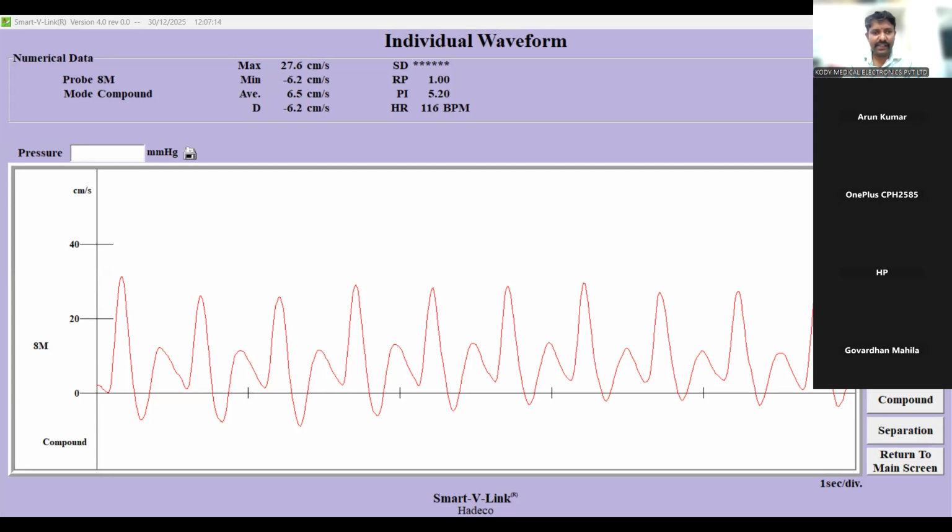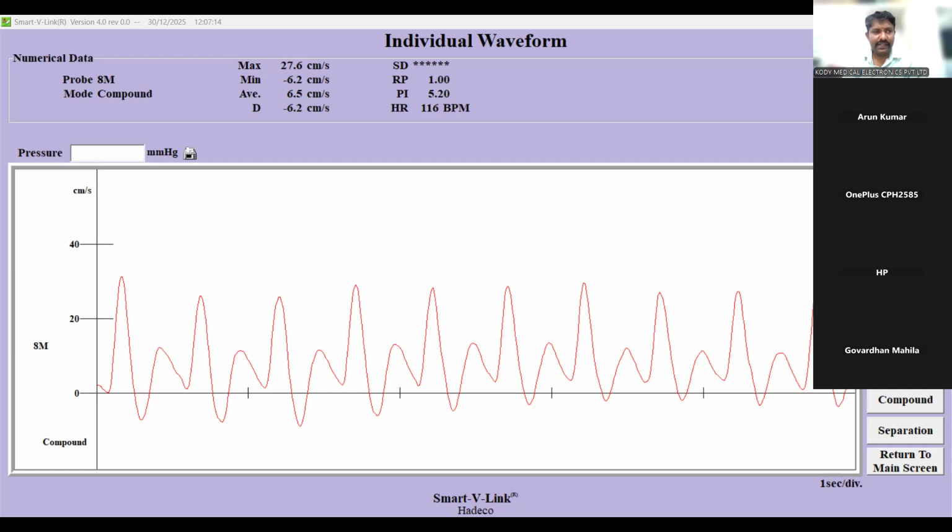Okay. Can you see the presentation? Yes. Okay. For a biphasic, you can see only the sharp upstroke and one early diastole. It is triphasic, no?